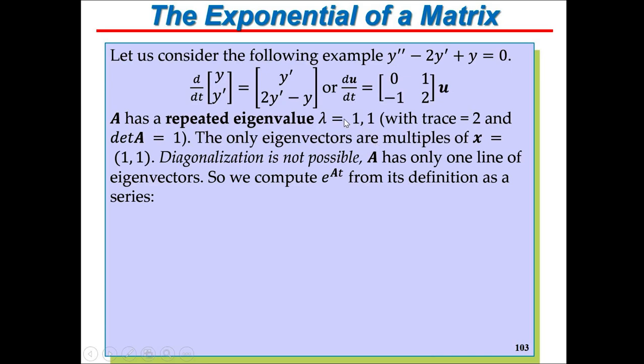So really there's no other, the eigenvalues are the same, and if they're the same, the only eigenvector you can compute is the eigenvector 1, 1. So you can see actually that 1, 1 is an eigenvector with eigenvalue 1. So in this case, the diagonalization of the matrix A, as we noted from the earlier slide, is not applicable here because we only have one eigenvector.